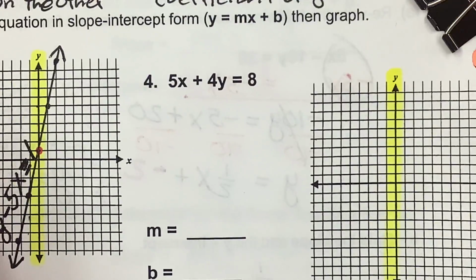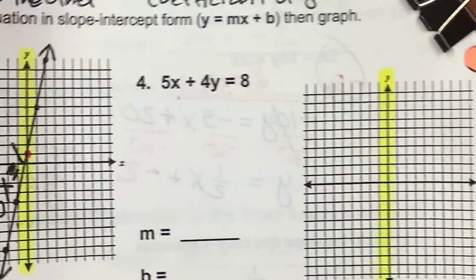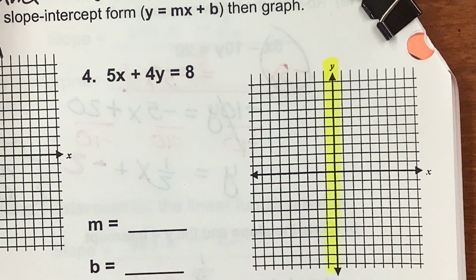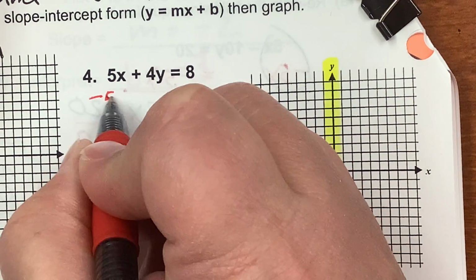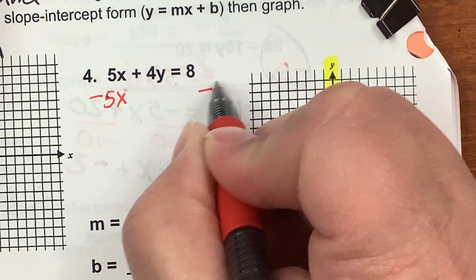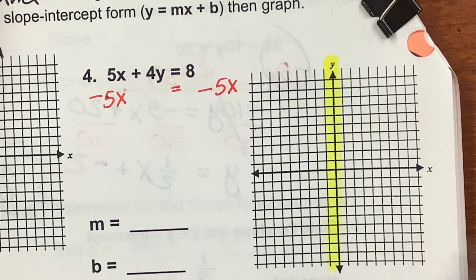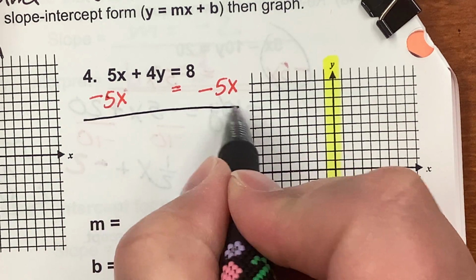Look at that. My x and y are on the same side of the equal sign again. I don't want that. So I need to subtract and move the 5x to the opposite side. So bye-bye 5, minus 5x from both sides. And 5x minus 5x is 0.